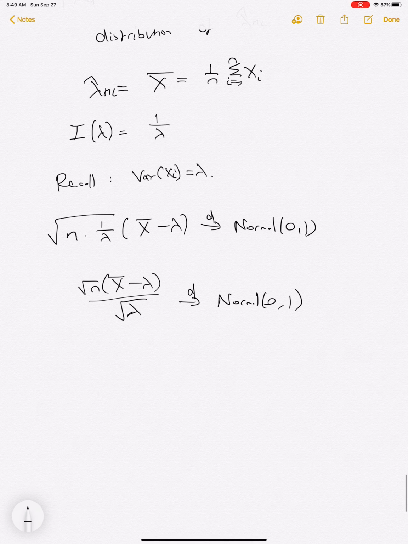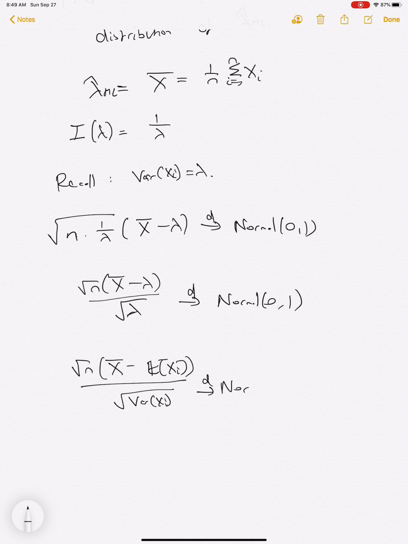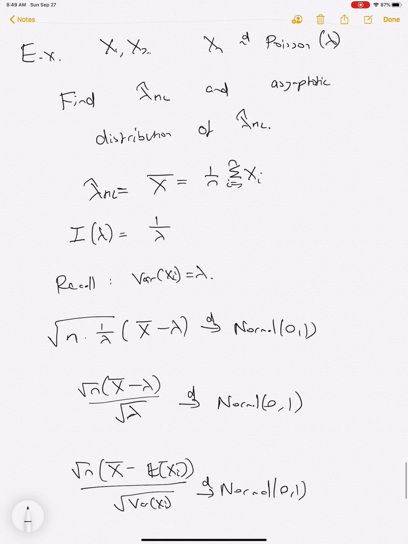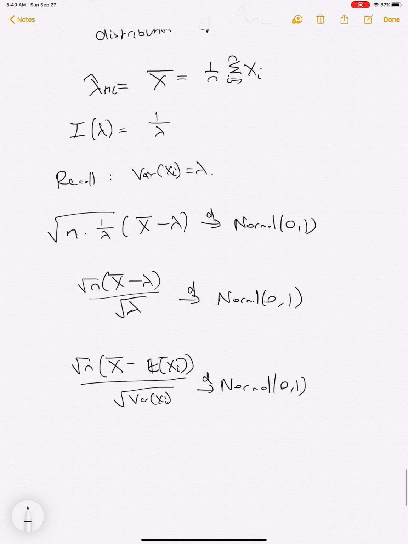Okay, and so this is just saying that square root of n times x bar minus E of xi, which is lambda, over square root of variance of xi is just normal 0, 1. So in this particular case, because we have this special case where the maximum likelihood estimate is the sample mean, we already know the asymptotic distribution of the sample mean by the CLT.